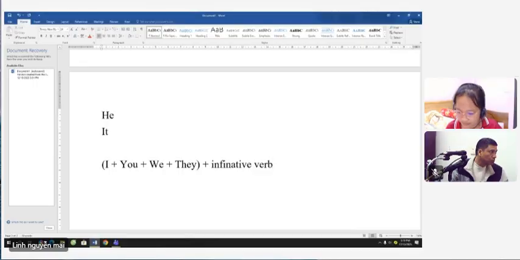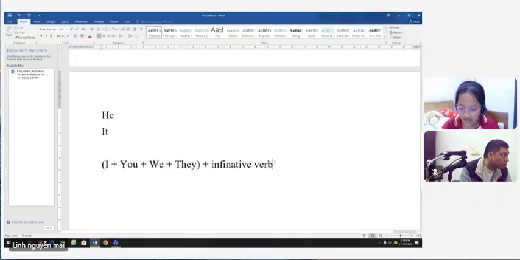Infinitive verb. We don't put to or anything in it, okay?